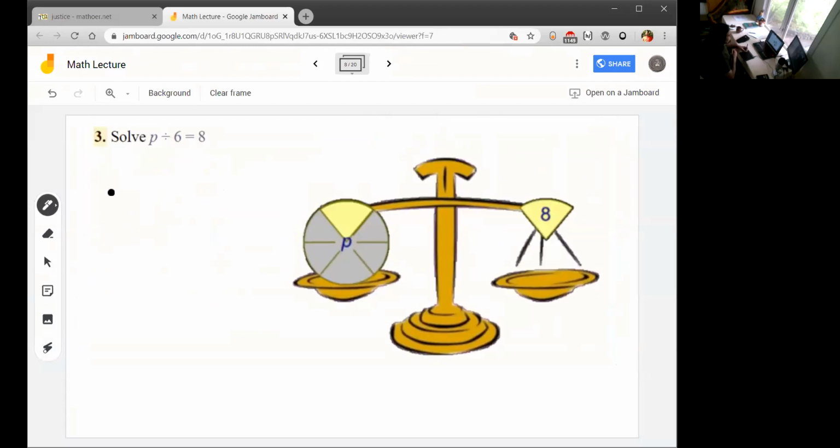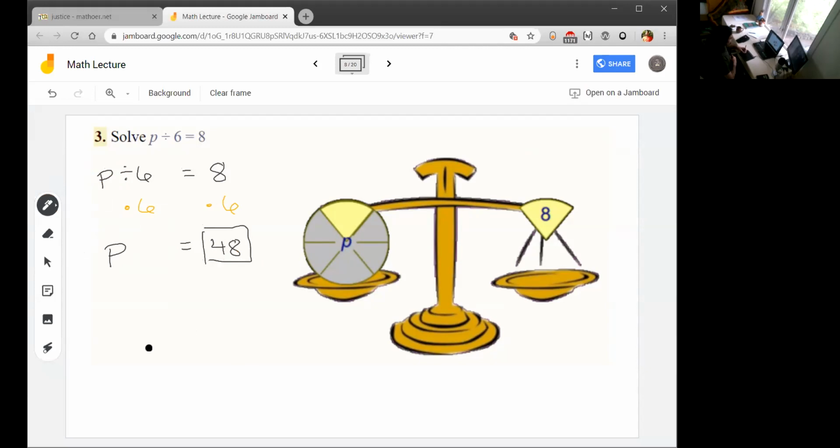So again, what we really care about is if you had p divided by 6 equals 8, I can say what's the opposite of divided by 6? It would be times 6. Then if I have p divided by 6 times 6, I'm back to where I started with p. 6 times 8 is 48.